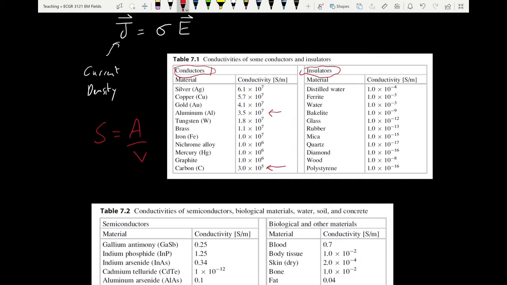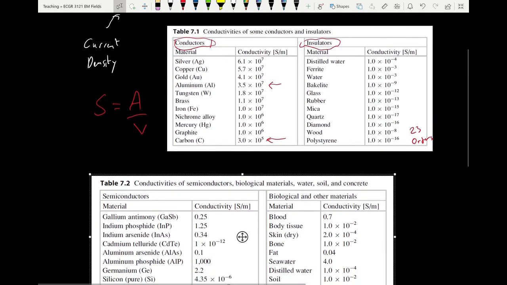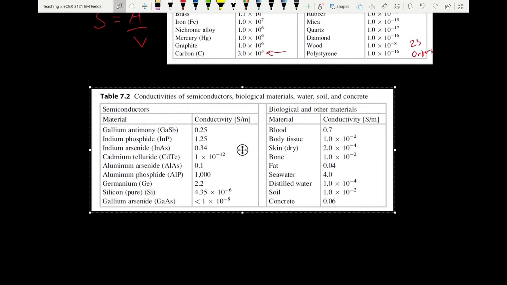Polystyrene, I think it's a kind of plastic, is a whopping 23 orders of magnitude less conductive than copper. Now here, this shows the conductivity of different kinds of semiconductor materials.